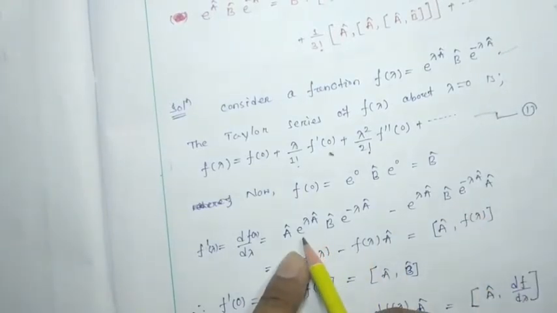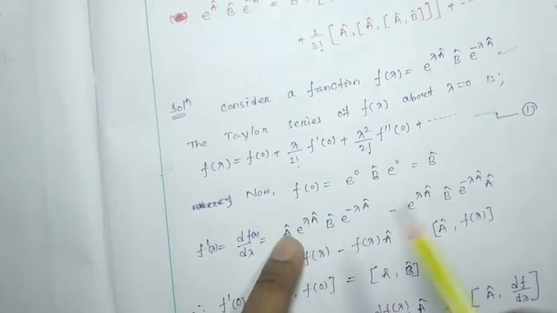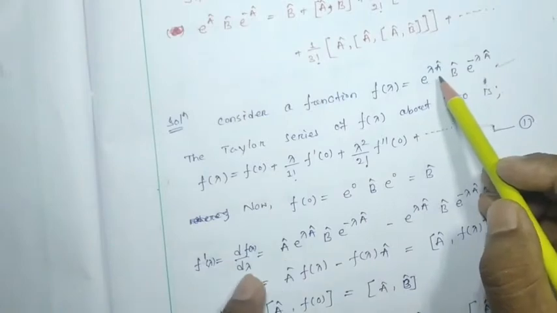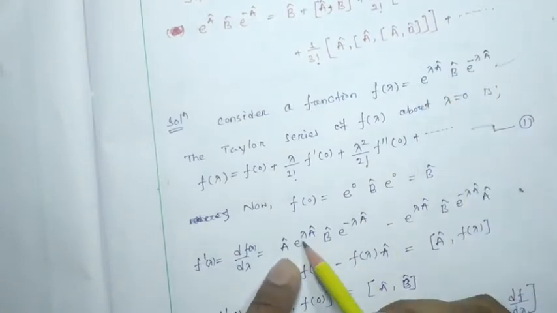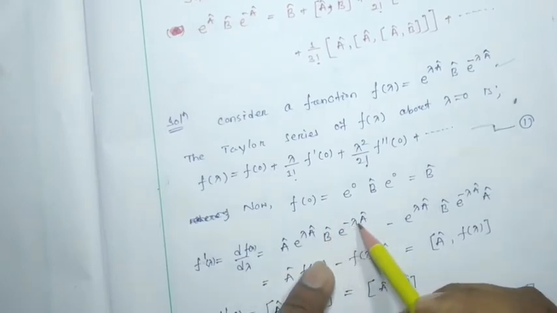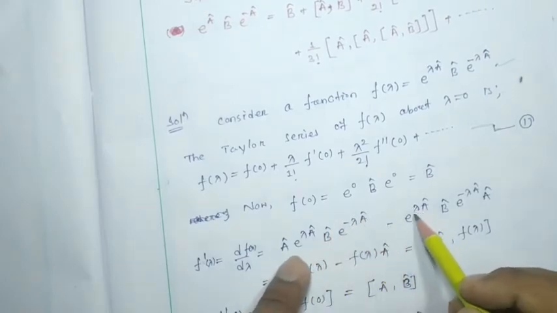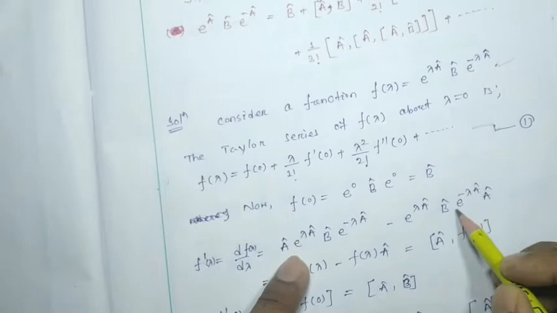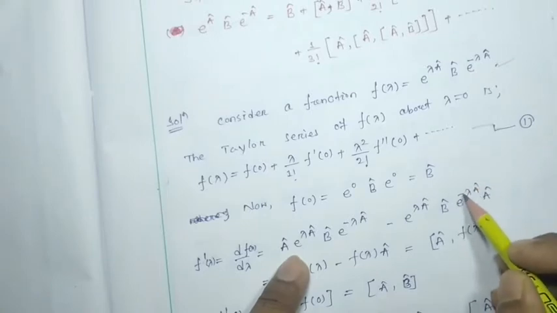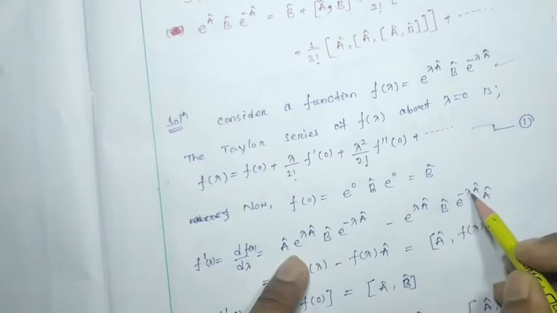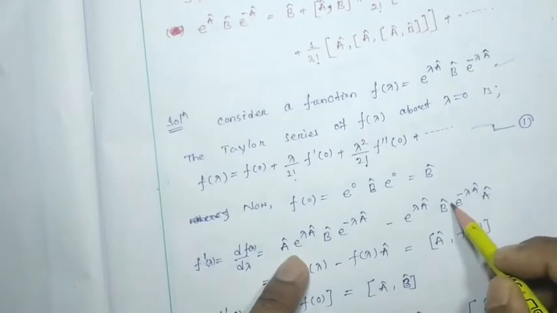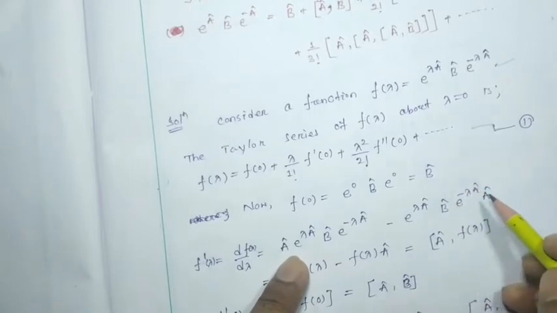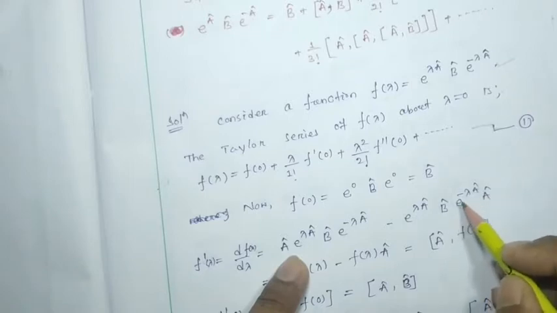The first term is e to the power lambda a cap, so when it is differentiated with respect to lambda, a cap comes over here: a cap e to the power lambda a cap b cap e to the minus lambda a cap, minus e to the power lambda a cap b cap, and the derivative of the last term with respect to lambda will be a cap e to the minus lambda a cap.